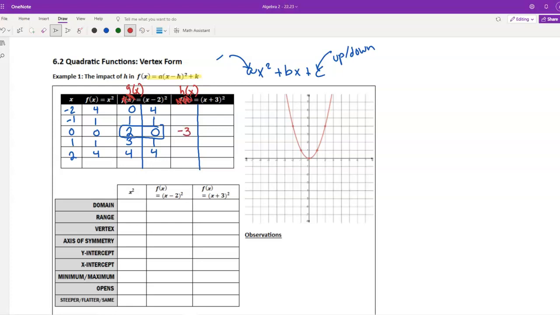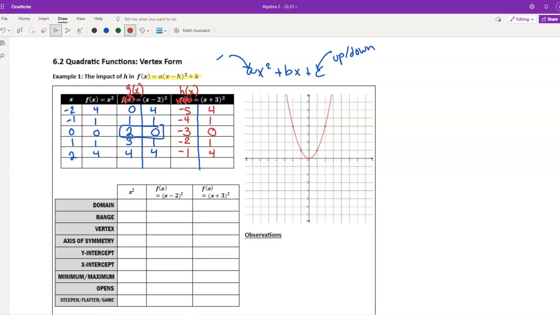If I plug in -3, -3 plus 3 is 0, and 0 squared is 0. That's going to give me my starting point. Then I'll pick 2 values less and 2 values more, and plug them in. -4 plus 3 is -1, and that squared is 1. -5 gives 2, squared is 4.